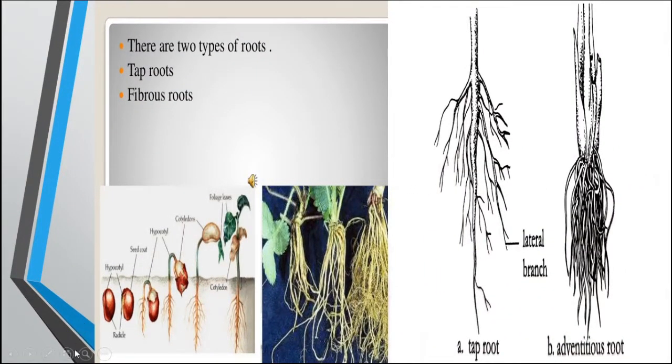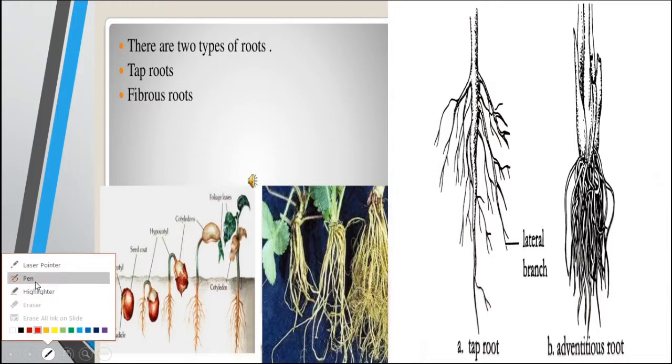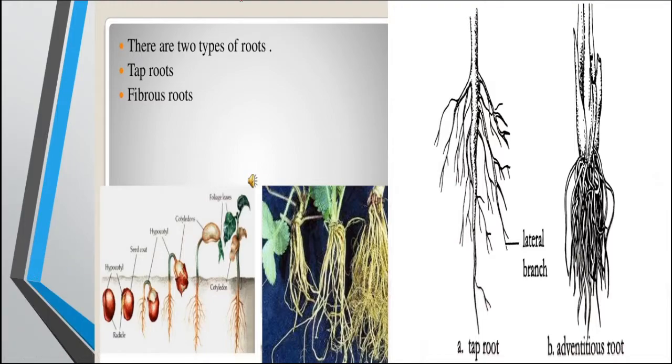In this slide we can see the diagram of the different types of roots. So there are two types of roots. First one is the taproot and second one is the fibrous root. Here we can see that the taproot has a primary root, these are the secondary, and the smaller ones are the lateral branches, that is secondary and tertiary roots, and collectively it is known as the taproot system.